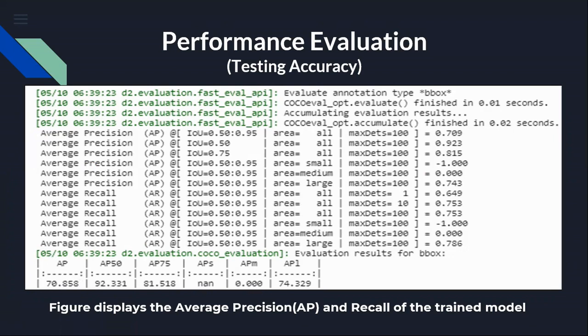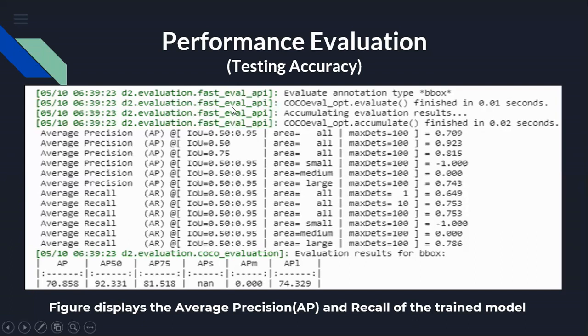The average precision, which is abbreviated as AP, is used to evaluate the performance of the model. AP 50 and AP 75 here mean that the bounding boxes on the actual object and the bounding boxes on the predicted object coincide around 50% or 75%.